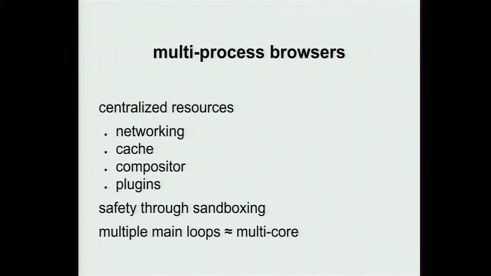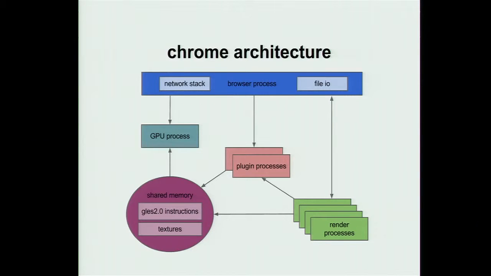It's close enough. Here's an example of what Chrome kind of looks like. There's one browser process which owns all the other processes. There's one GPU process which is shared by the browser and all the renderers. There is one plugin process per plugin, and then there are a bunch of different render processes.